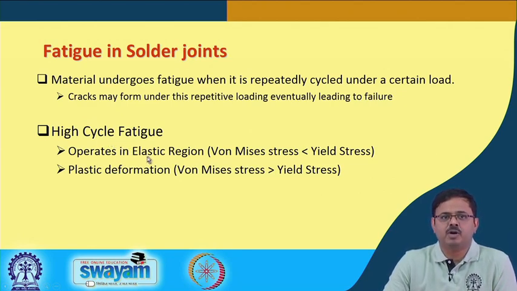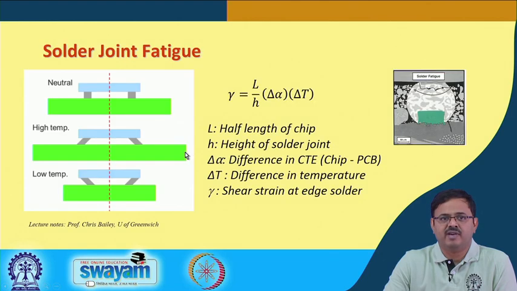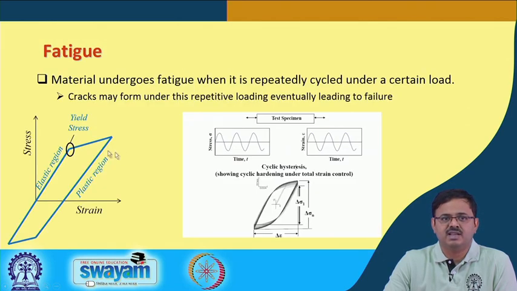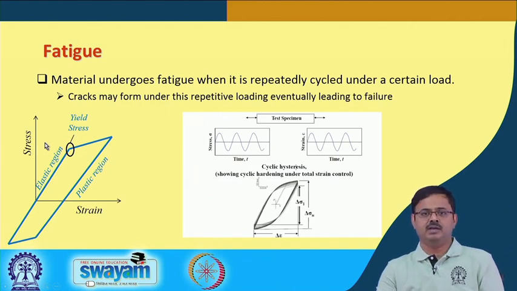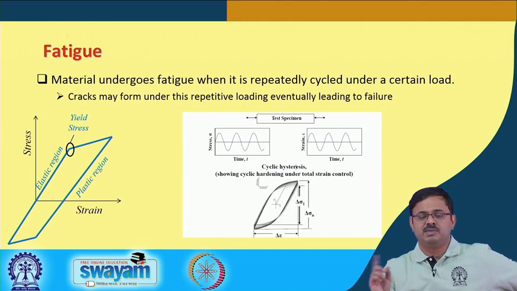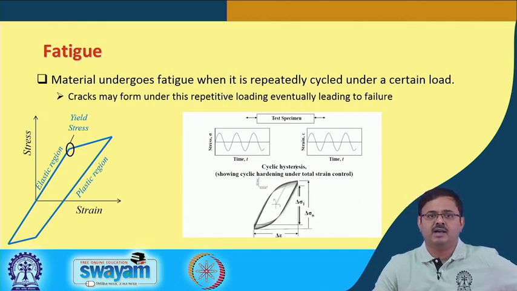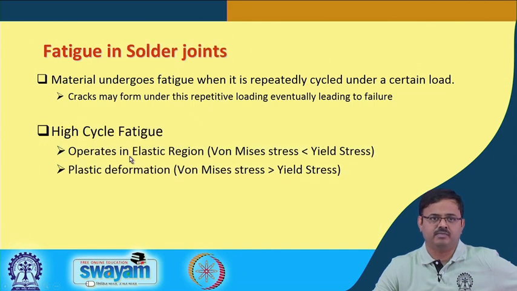So, high cycle fatigue operates in the elastic region, where the stress is below the yield stress. But here the number of cycles is much more frequent, and that leads to what is called high cycle fatigue. Low cycle fatigue on the other hand is when von Mises stress is greater than yield stress.